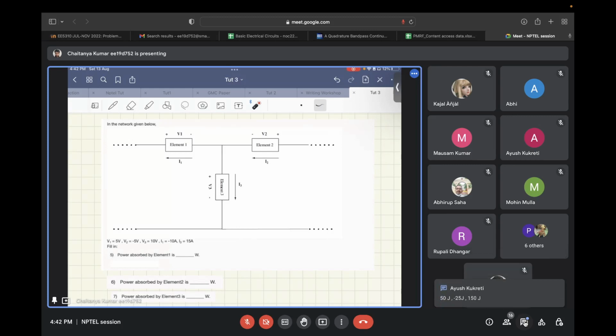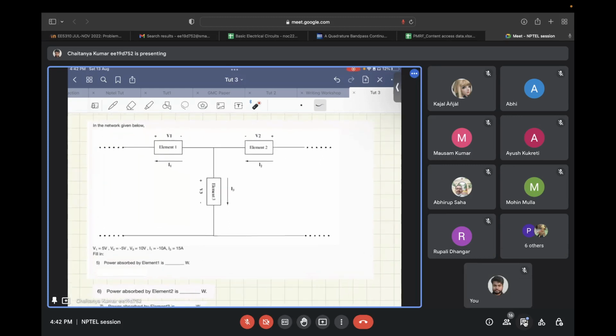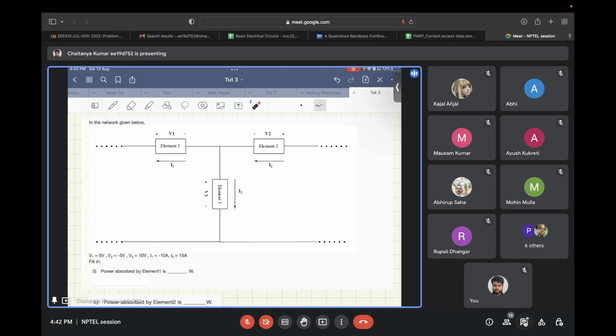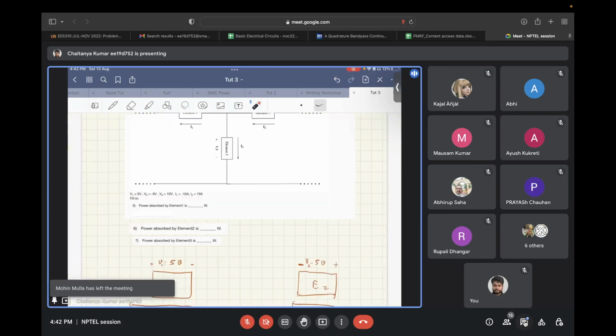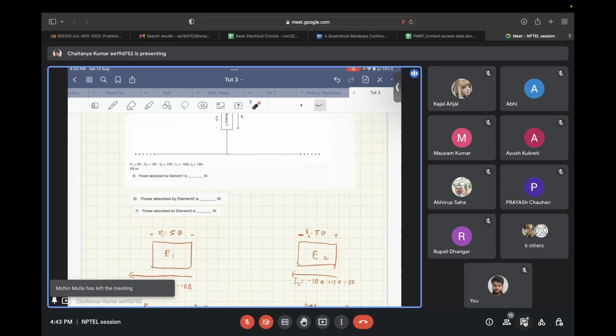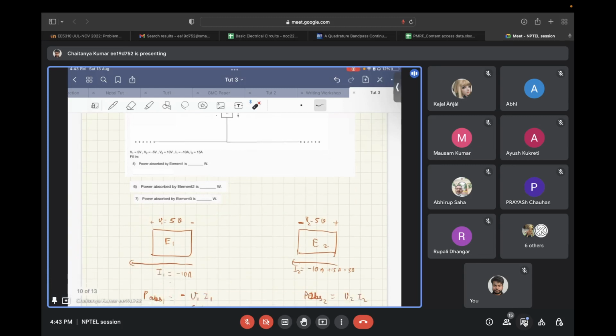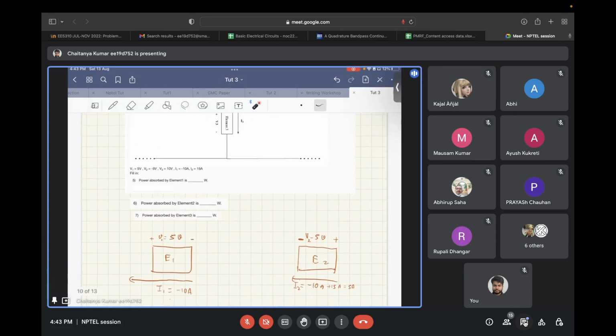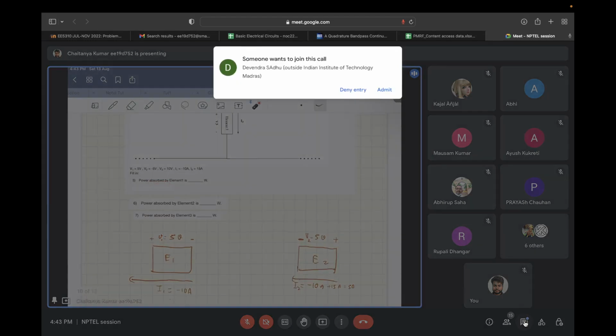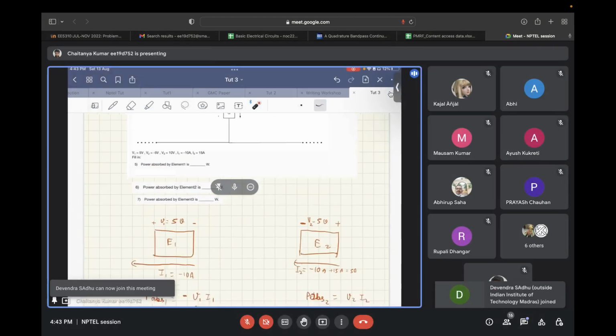Okay, so let's solve this problem. Again, please keep in mind the conventions that we have discussed earlier. At all times, we need to find the power that is being absorbed in the elements.